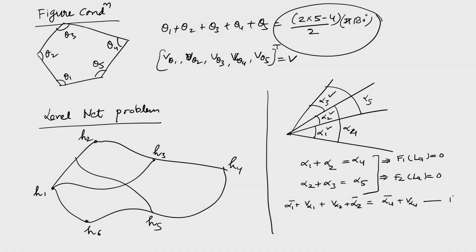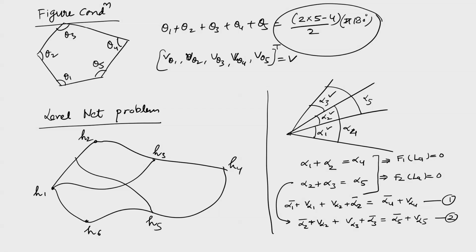Similarly, I can write another equation from here: alpha 2 bar plus V alpha 2, alpha 3 bar plus V alpha 3 equal to alpha 5 bar plus V alpha 5. I will have 2 equations.